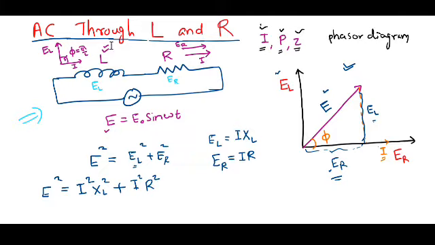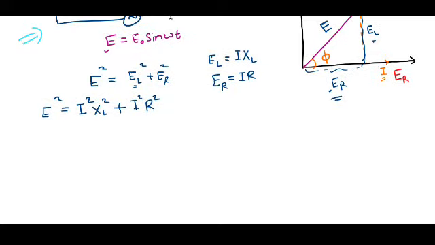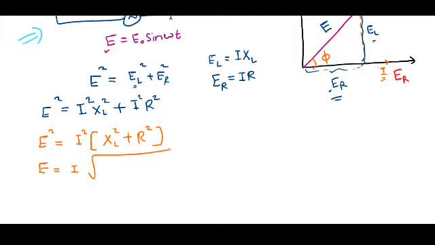Then I square is common. I take it outside, that is E square is equal to I square into XL square plus R square. If I take the square root, this will be E is equal to I into root of R square plus XL square.